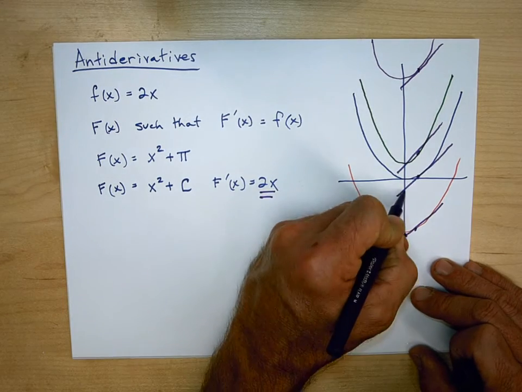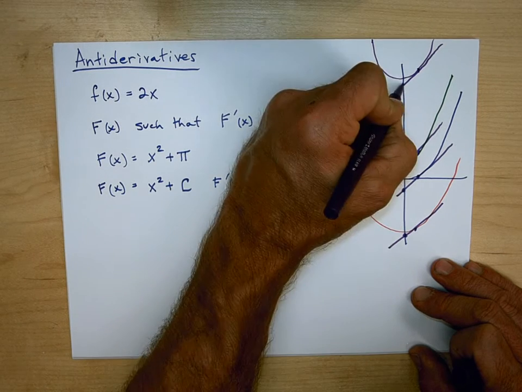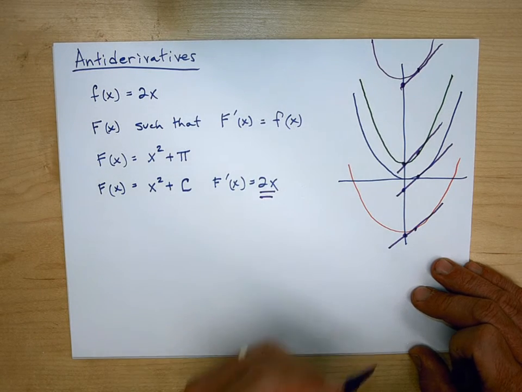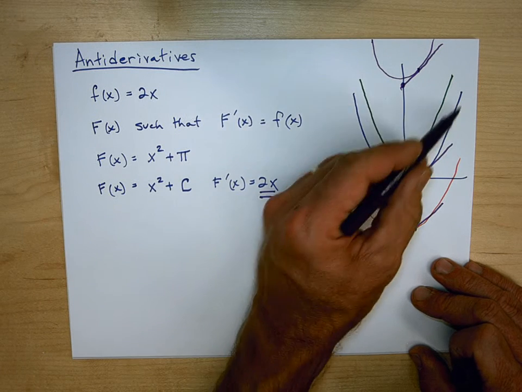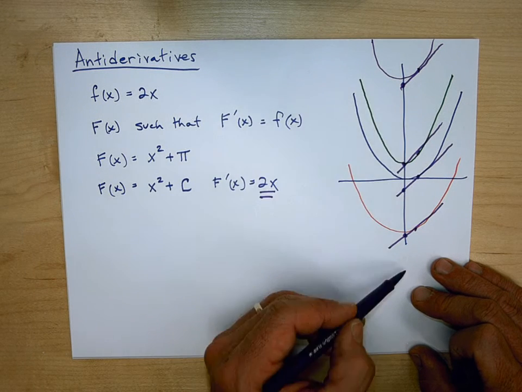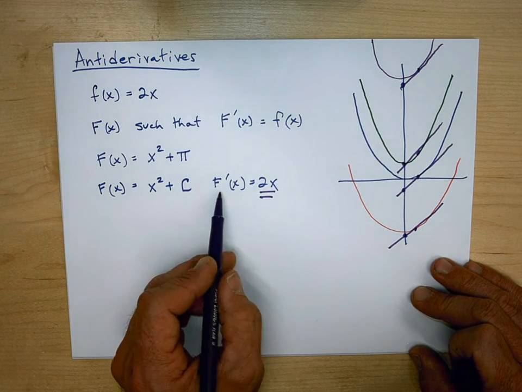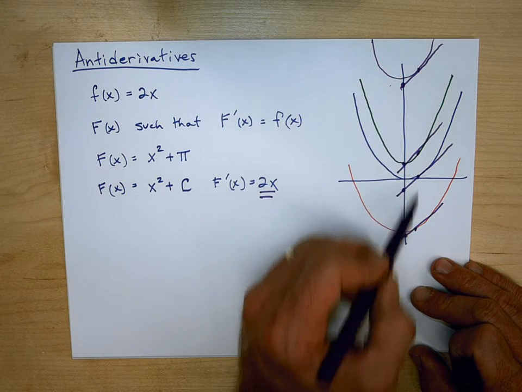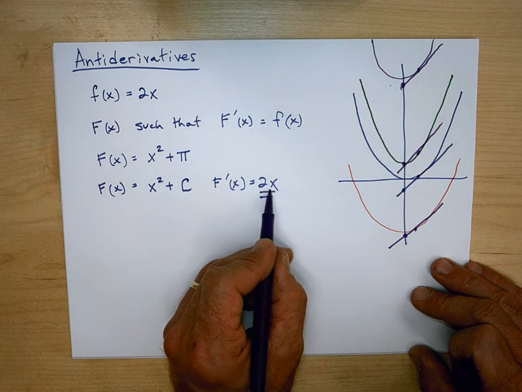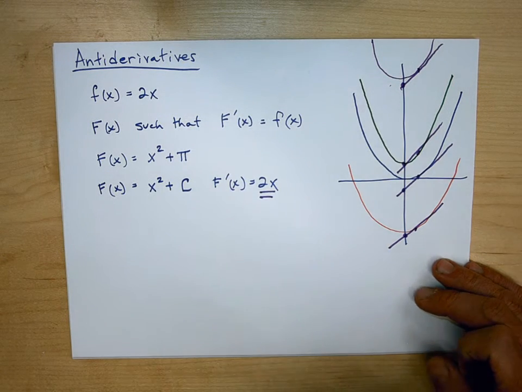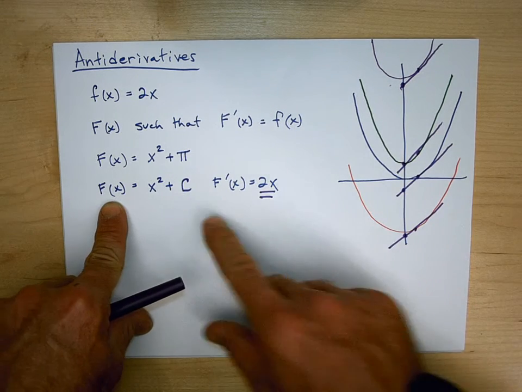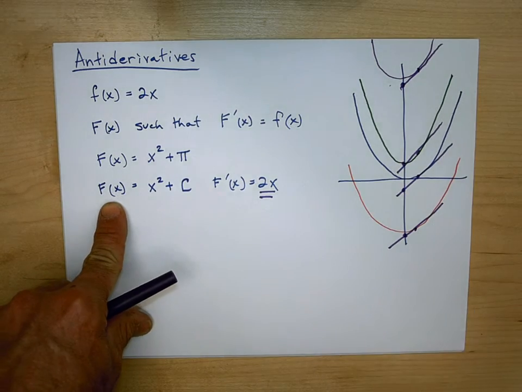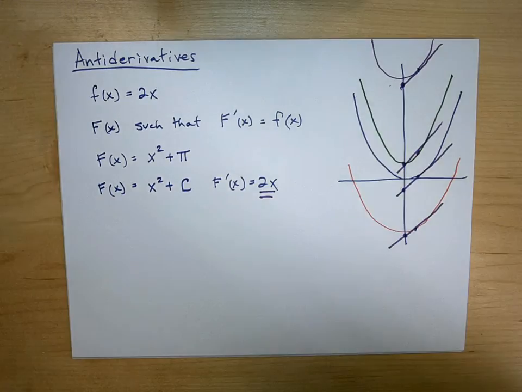They would all have a different y-intercept, but the slopes are all the same. So that's where this plus c is just a vertical translation. It takes our x squared and moves it up or down. But the point is that at any given point on the graph, the slope of the tangent line will be the same. So that's another way to think about, graphically, why we have this plus c on there.